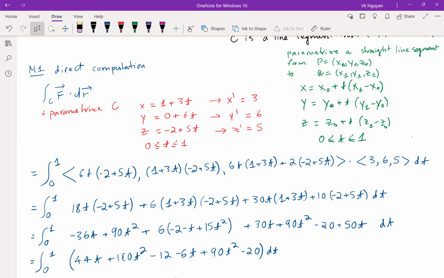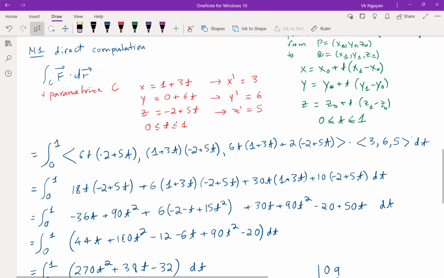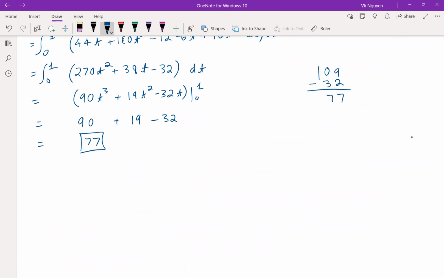So you can only do method number 2 if F is conservative, right? Okay, so here comes method 2.